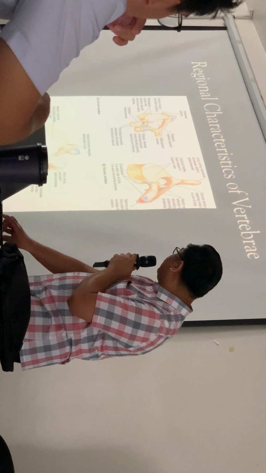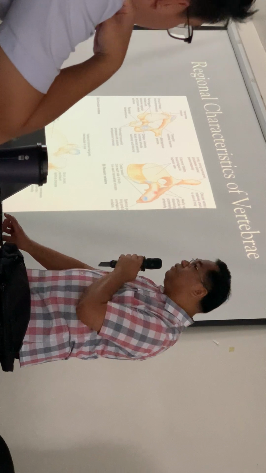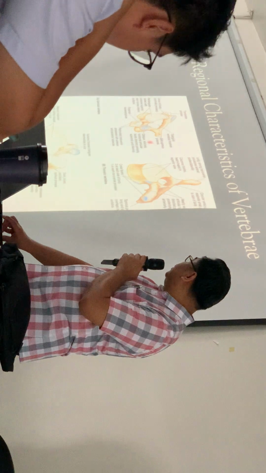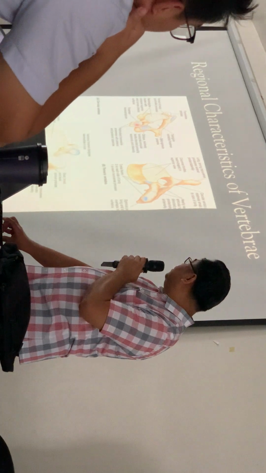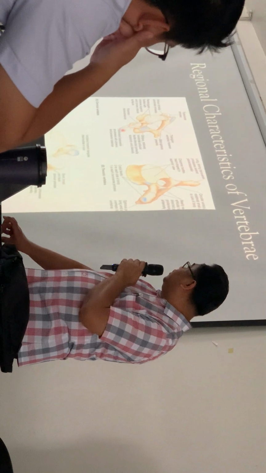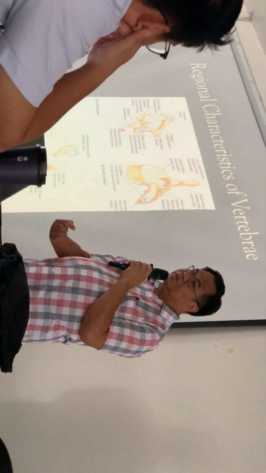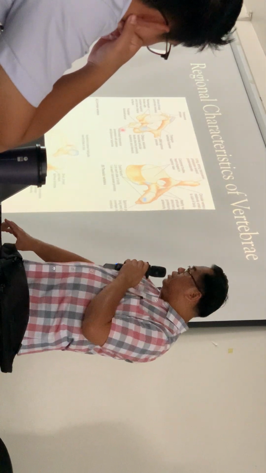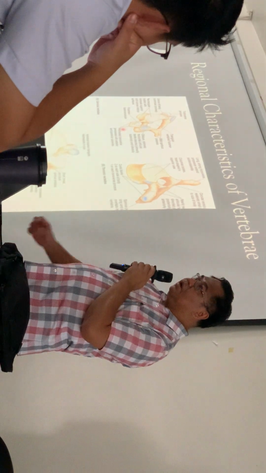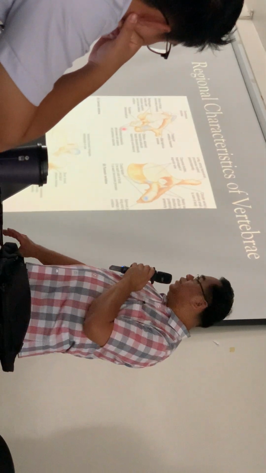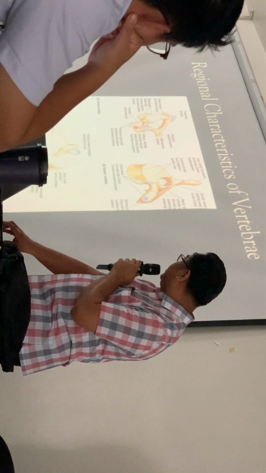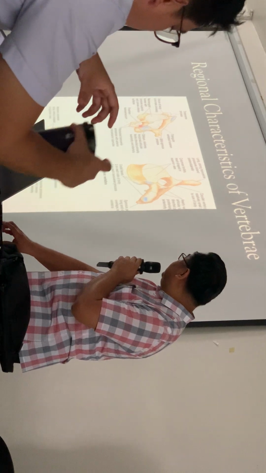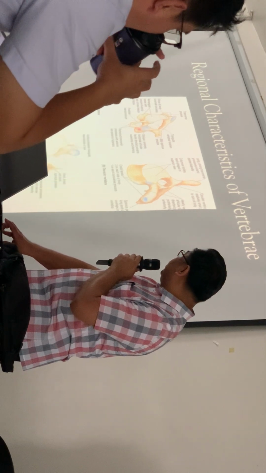The transverse process does not have a foramen. So this foramen is for the vertebral artery. The vertebral artery goes up in the neck through the foramen transversalis. Okay, so that is what makes the cervical foramen.